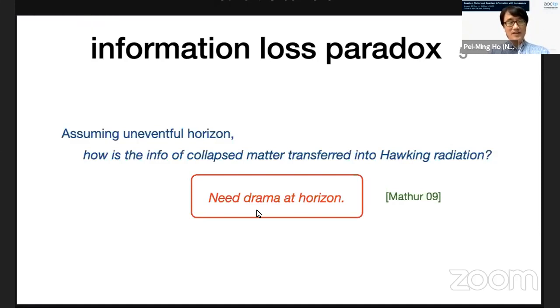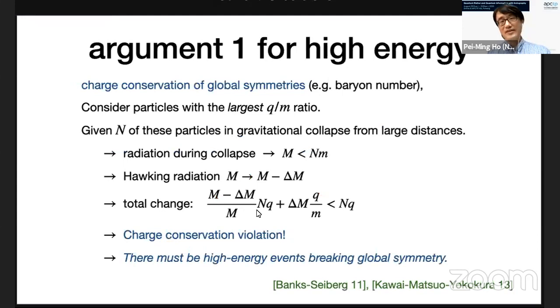You must have something to tell you that the low energy effective theory breaks down in order to have the opportunity of transferring information to Hawking radiation. So to find where this drama is or how it appears would be the most important point in resolving the information loss paradox. So now I'd like to give you 3 more arguments for why we need high energy events around the horizon to resolve the information loss paradox.